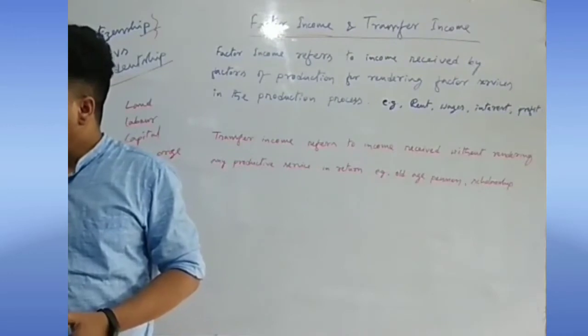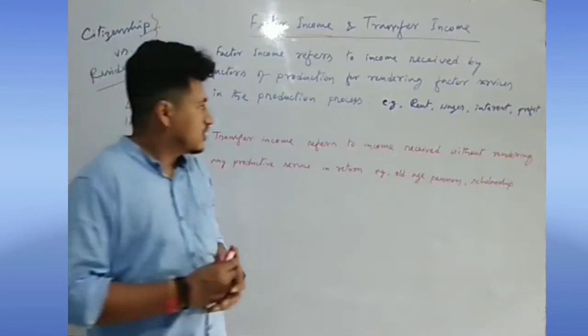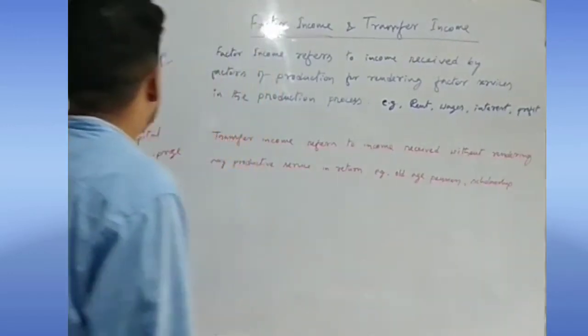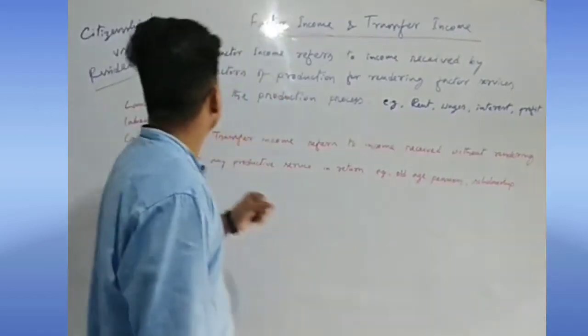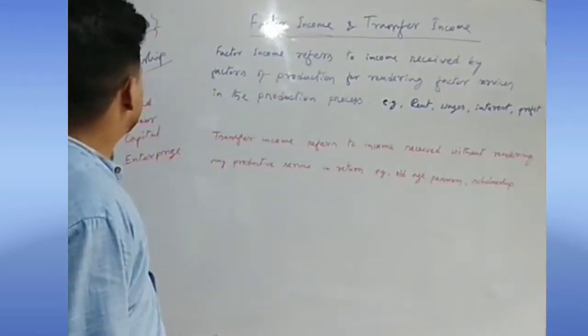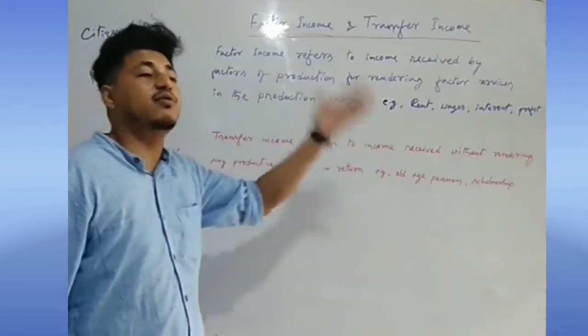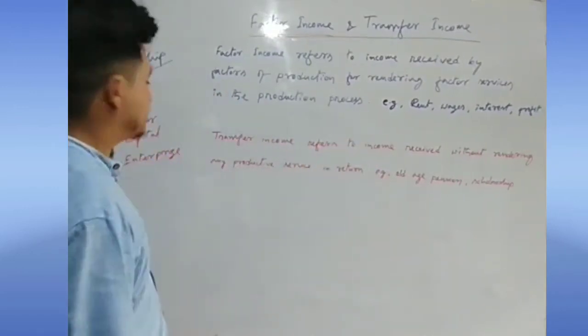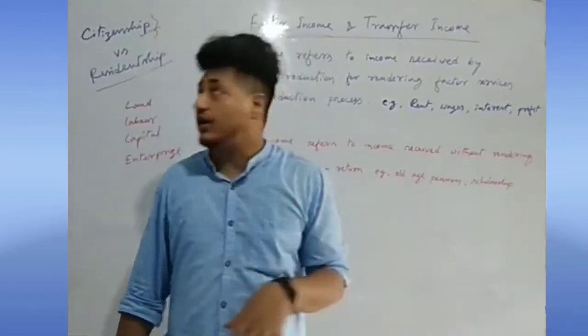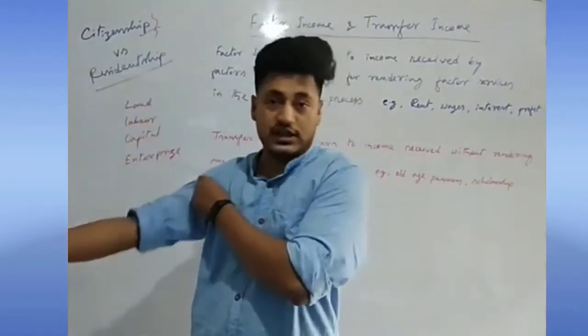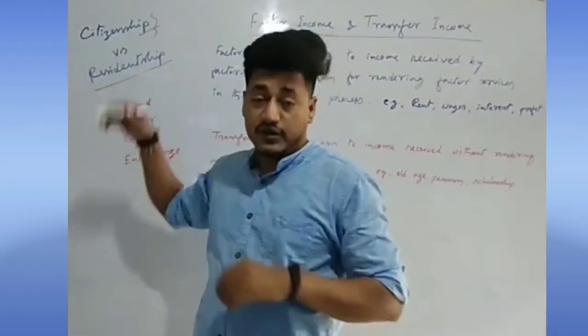Before going to the next concept, let me revise what we have learned today. First, we have seen the distinction between citizenship and residentship. What is citizenship and what is residentship? We have seen that citizenship is a legal concept, whereas residentship is an economic concept. It depends on economic interest.